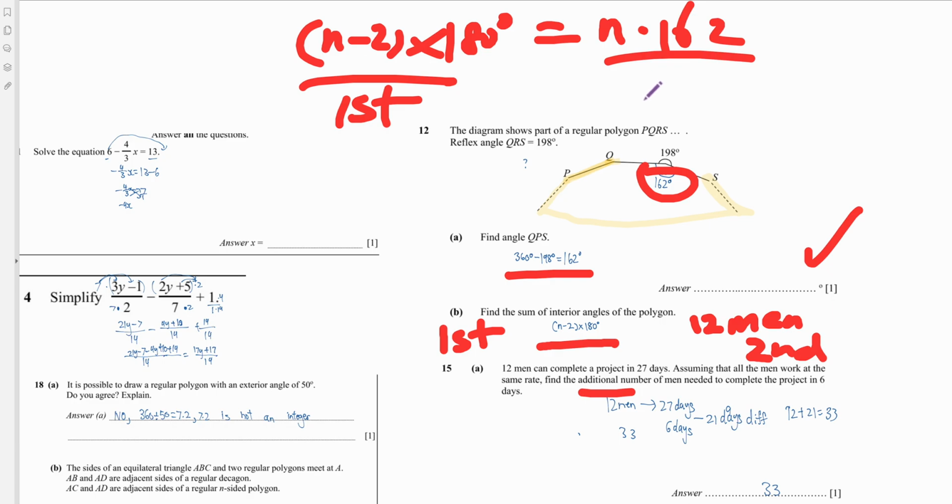I mean the second, this is called n times the interior angle. So once you get these two, then you can find the n already. Once you find the n, you can find the sum already. You understand or not? We practiced this question before. Then how come? You see, you need to go back and revise. No joke.